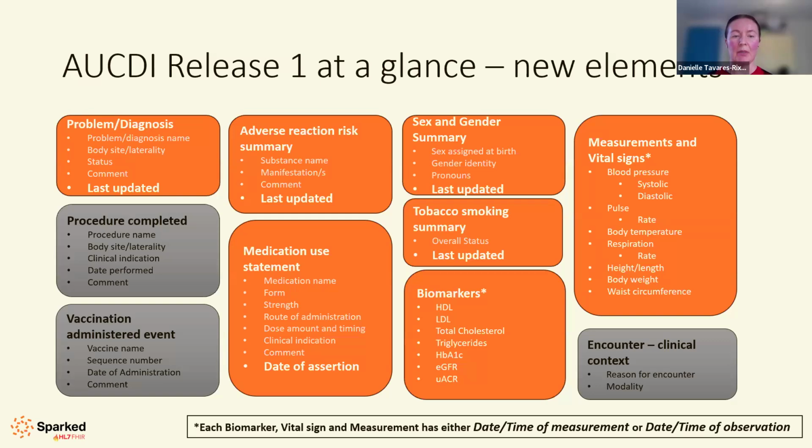So a bit of context for this, we've been working through this in our last few meetings. The original set of mappings we worked through as a group and then put out in our AU Core ballot for comment was related to the AUCDI for comment at the time. And AUCDI has continued to progress through its evolution and maturity and has published a release 1.